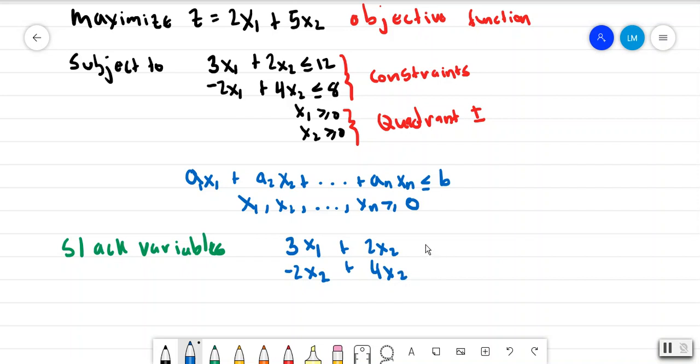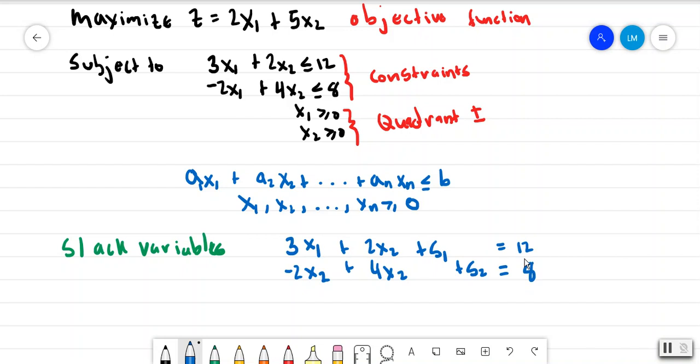Now here's where it gets interesting. I'm going to add a variable that I call s1, and then a variable that I call s2, and then this is equal to 12 and this is equal to 8.